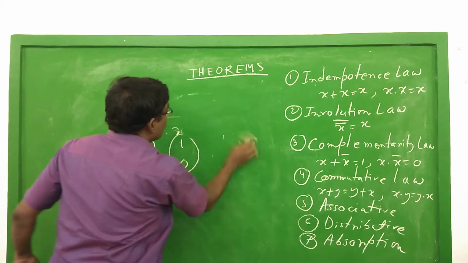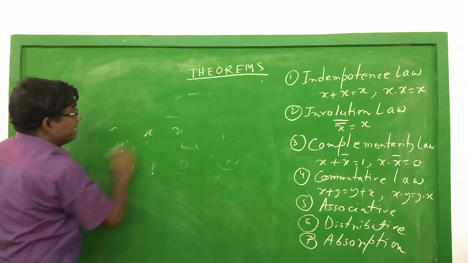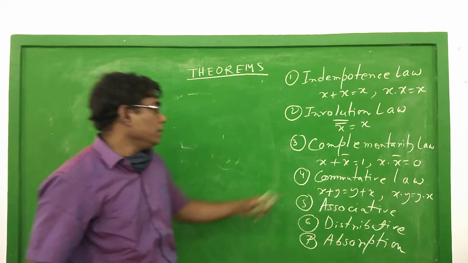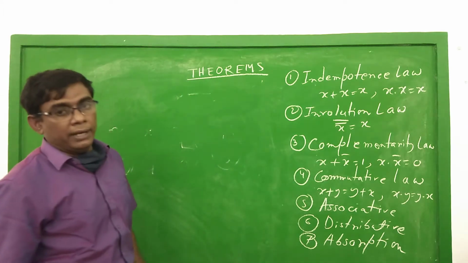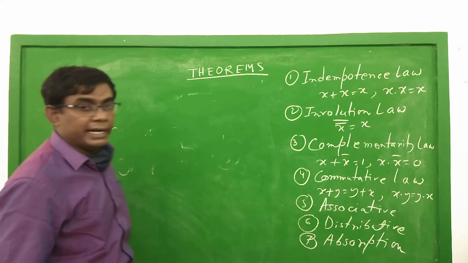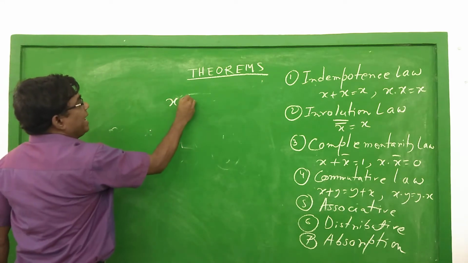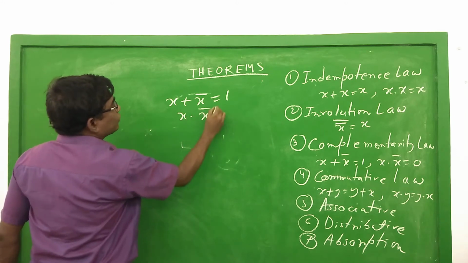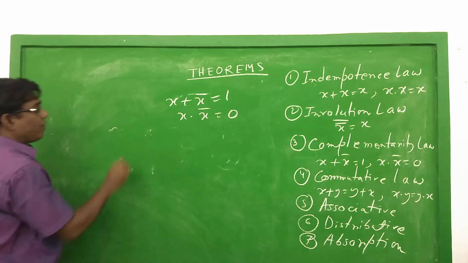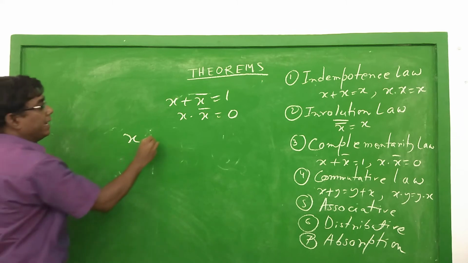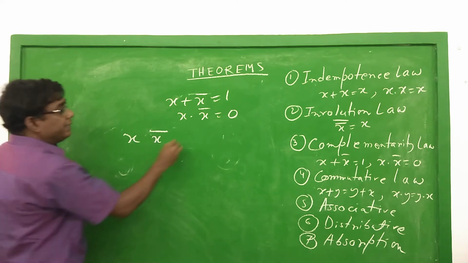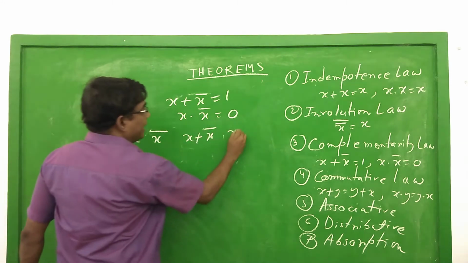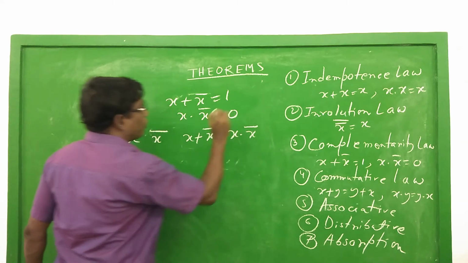Next one is complementarity law. So these are the basic laws we have to prove with the help of truth table. What is the law? X or x complement equal to 1, and x and x complement equal to 0. So first we take x, then we calculate x complement, then we calculate x or x complement, and after that we calculate x and x complement.